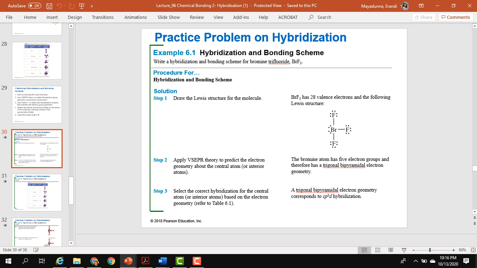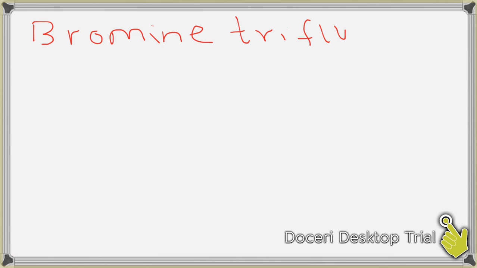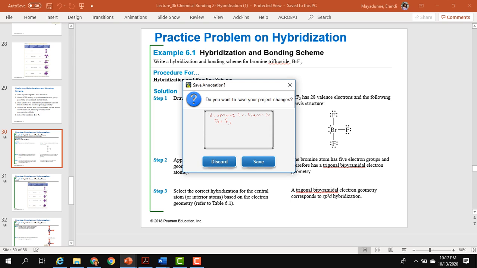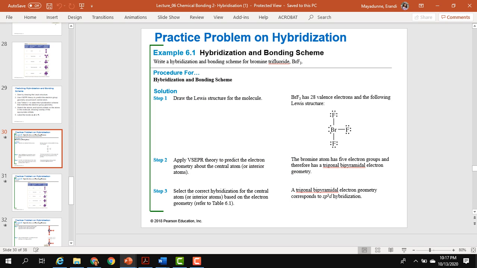Okay, so I'm getting my whiteboard back again. So it's my question, bromine trifluoride, BrF3, right?